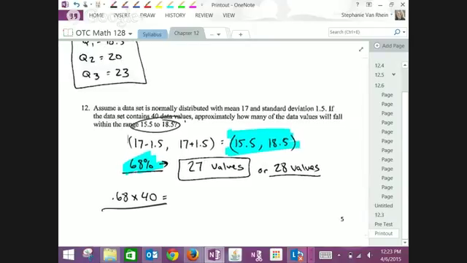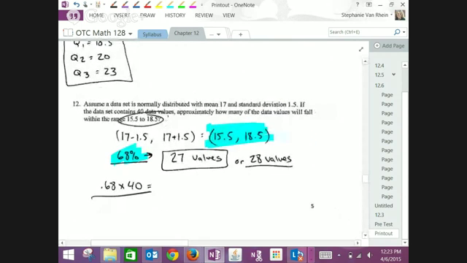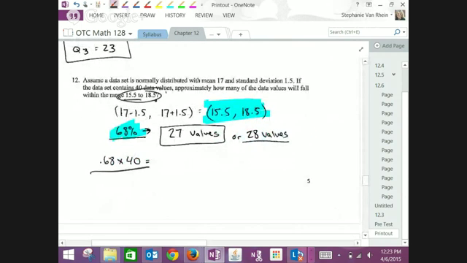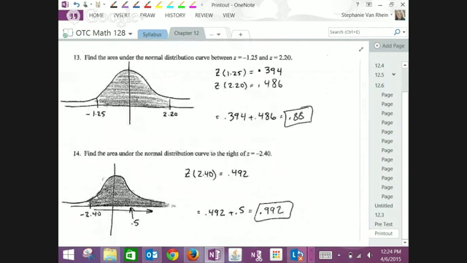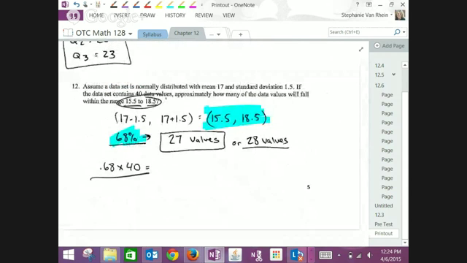So if it gives you something like this, you could translate 15.5 and 18.5 to z-scores, which would be -1 and 1. And find the area between -1 and 1 would be just like a problem like this. And look at the z-table, and it's 68%. It'll be a little bit over 68%.